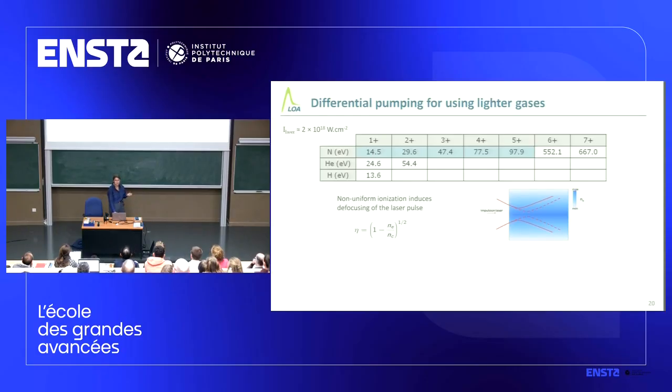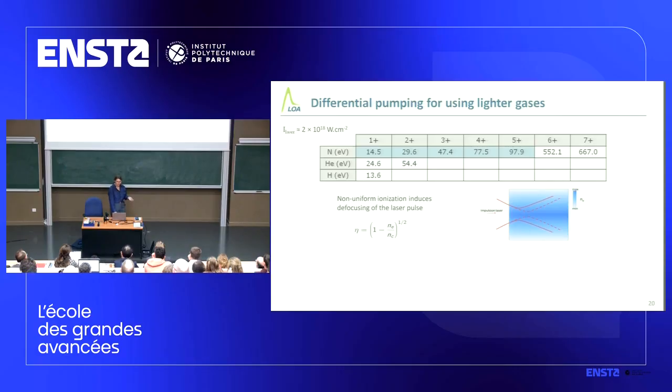So they will not be ionized up to the same level, meaning that we have an electronic density which is non-uniform, and the refractive index of the plasma is directly linked to the electronic density. So if we have this type of electronic density distribution, in fact, the plasma acts as a defocusing lens, which damages the laser at focus, and which may so reduce the performance of our accelerator.